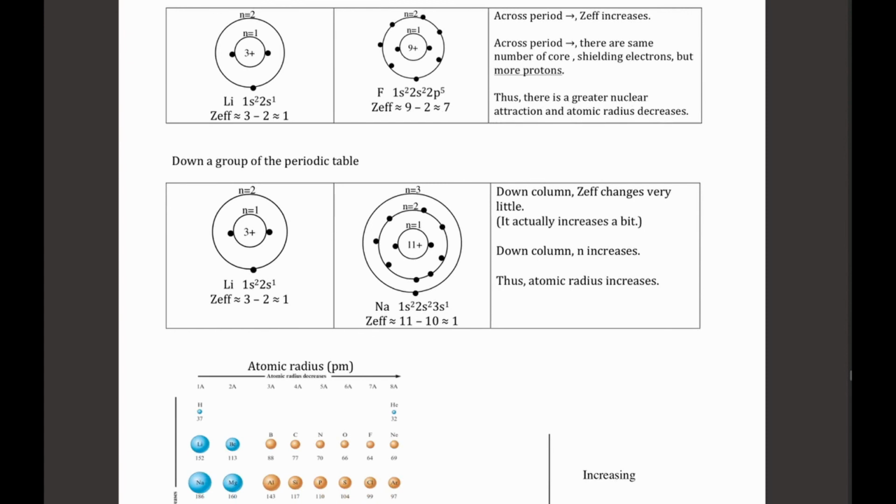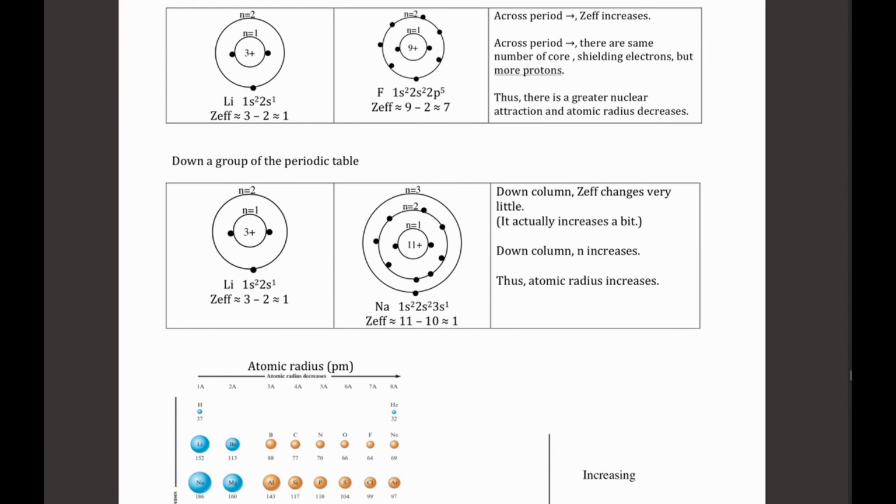Now, looking at fluorine, which has the electron configuration 1s2, 2s2, 2p5. So it has 2 of the core electrons, and then it has 7 valence electrons, 7 in the next shell.